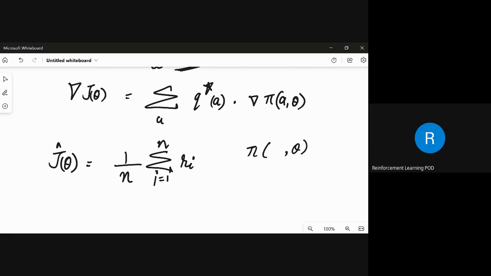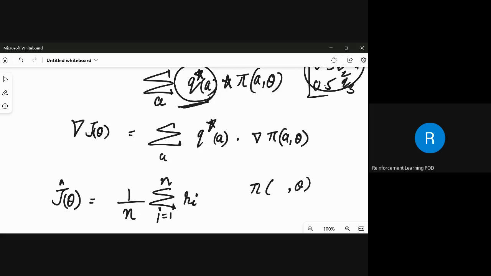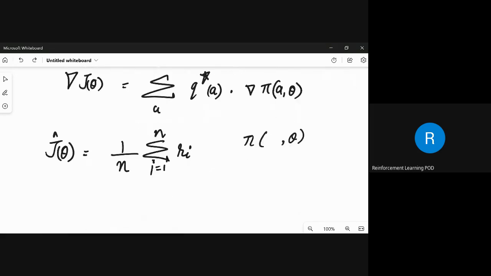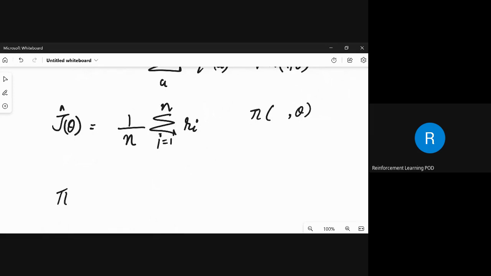Okay. Now I can write this thing in another form. Probably I should have written that first before coming here. I can write this as the expectation of reward under policy pi theta. A more verbose method would be to call it the expectation of reward under policy pi defined by parameter theta.